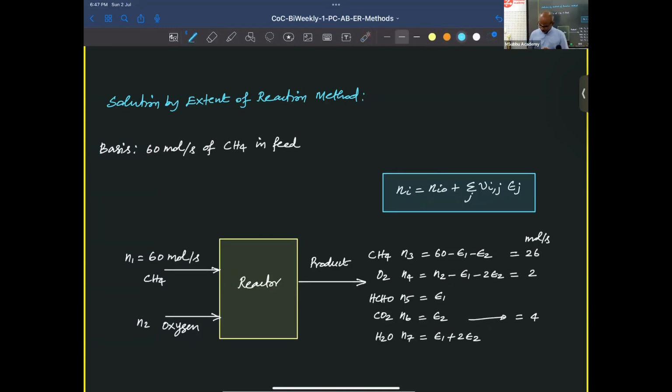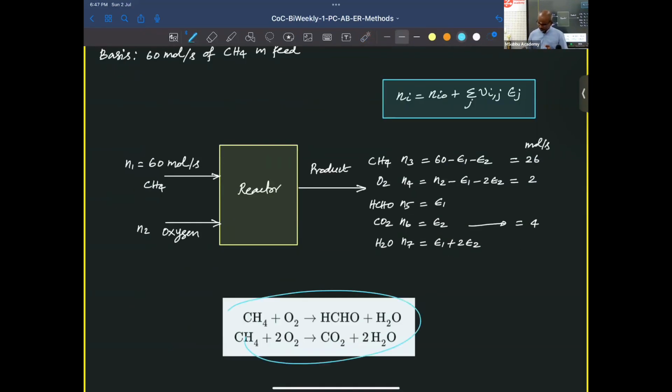Of course, we need the chemical reactions to write this. So now let us try to understand this. The products we already know: CH4, O2, CO, HCHO, CO2, everything is available, and we are going to write this using this formula.